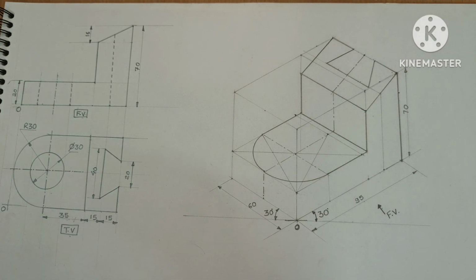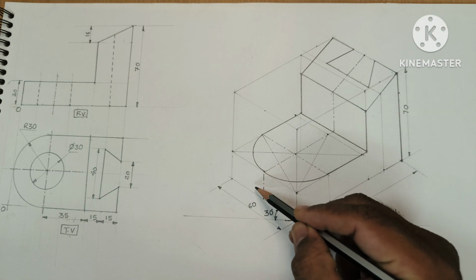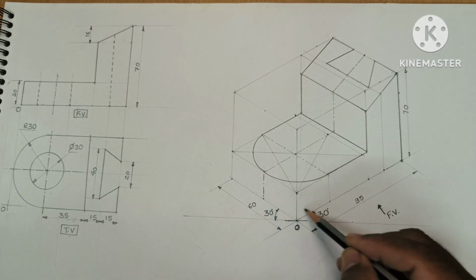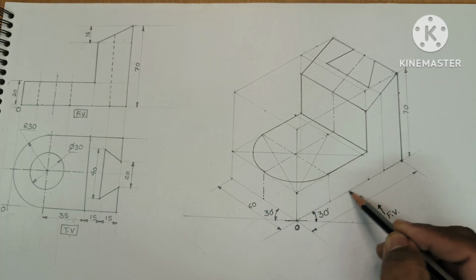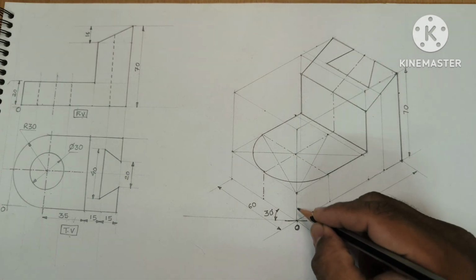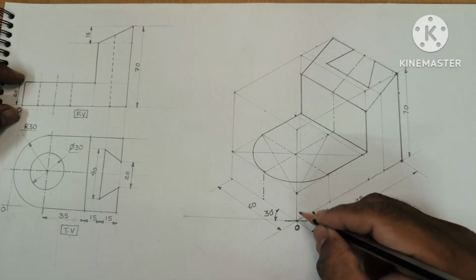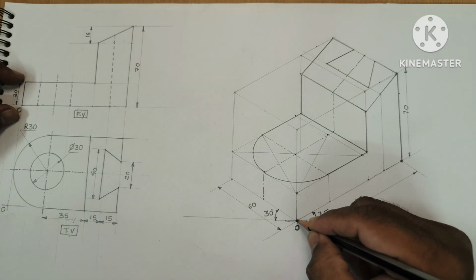But we have to draw the same curvature portion here and here also, so that we will join this line. But for that purpose, what we have to do, this distance is how much? This vertical distance is 20, this distance is 20.